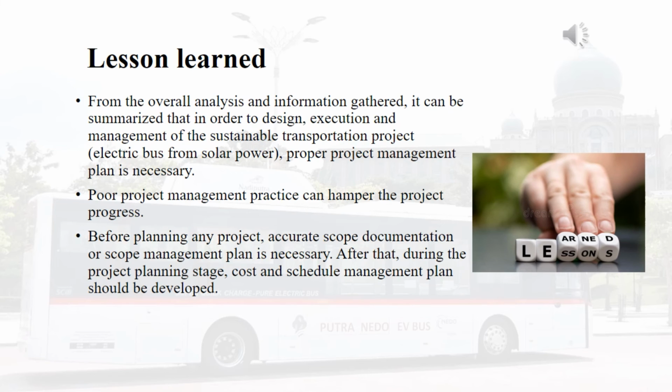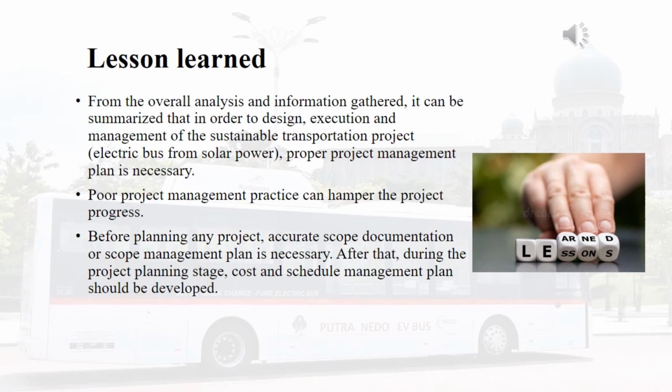From the overall analysis and information gathered, it can be summarized that in order to design, execute and manage the sustainable transportation project, that is the electric bus from solar power, a comprehensive project management plan is vital and necessary.